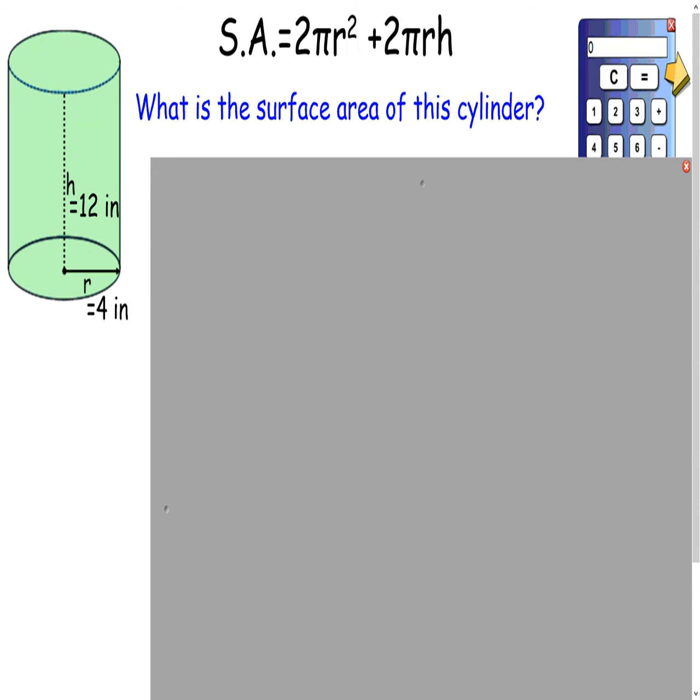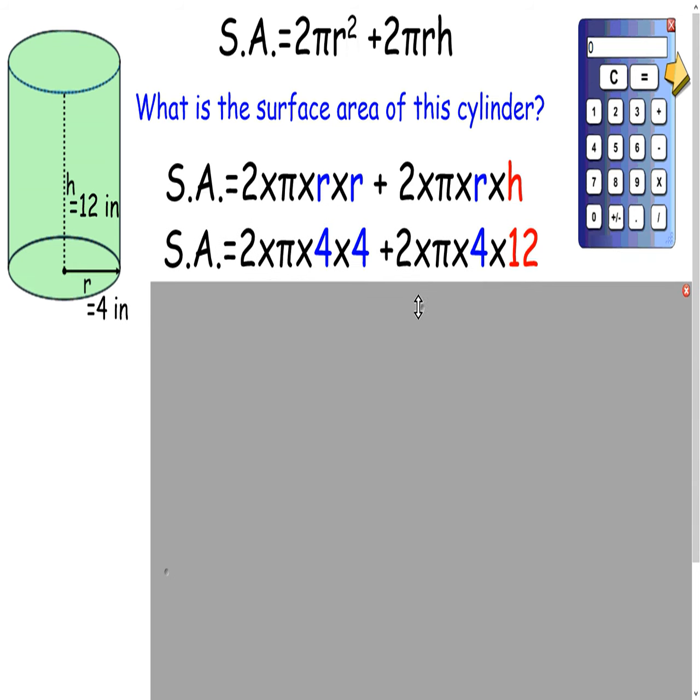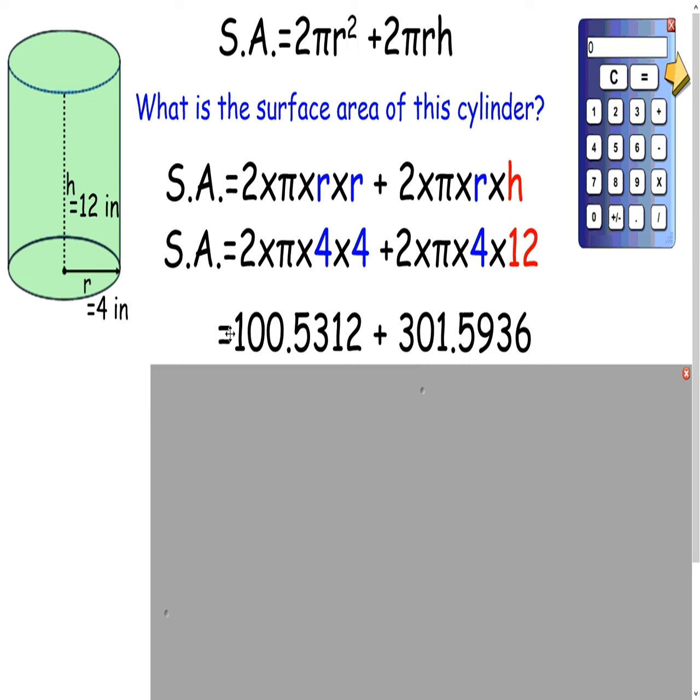Here's our cylinder, and it has a height of 12 inches and a radius of 4 inches. So we're going to take our formula, 2 pi r squared plus 2 pi r h, and plug in our r of 4 and our h of 12. When you do this on the calculator, you'll get for the two circles about 100, and for the rectangle about 300.